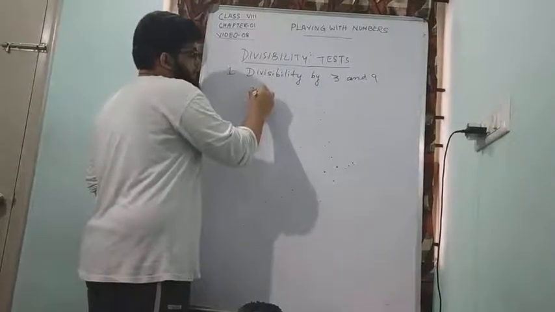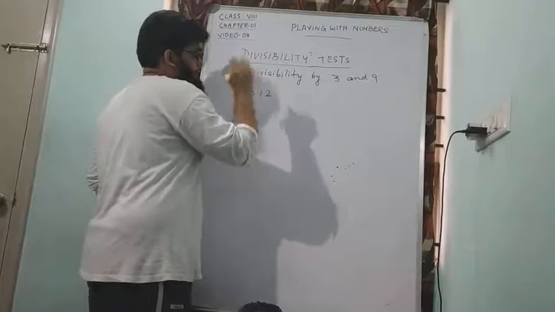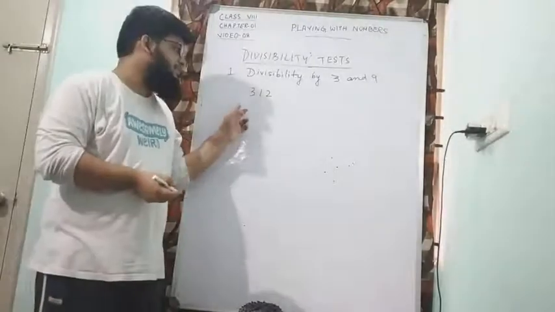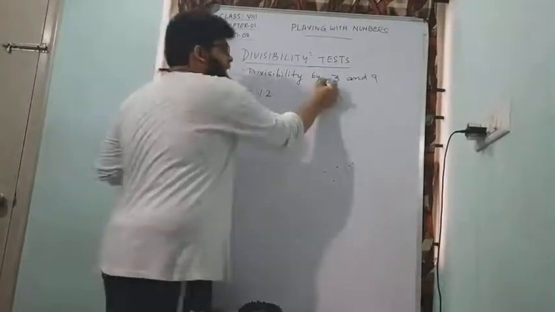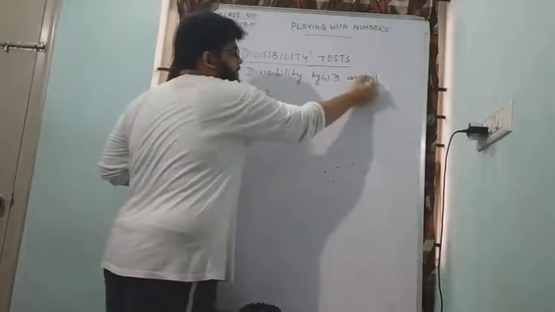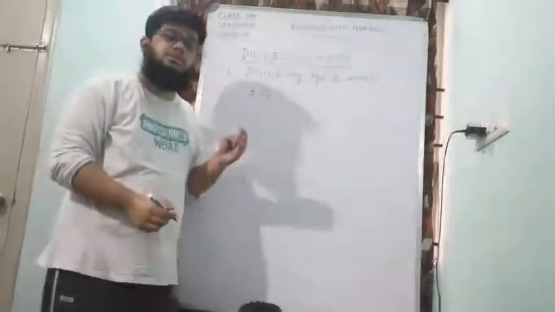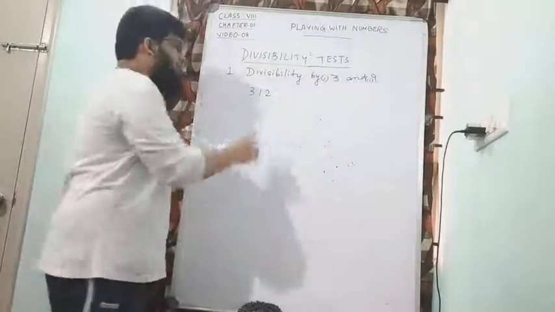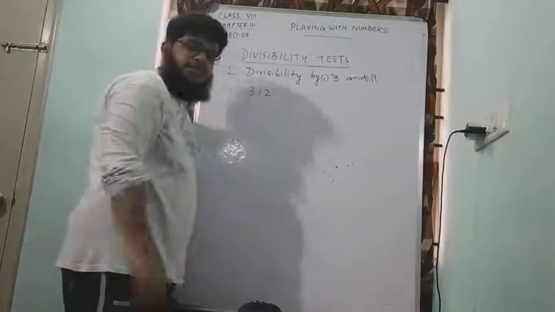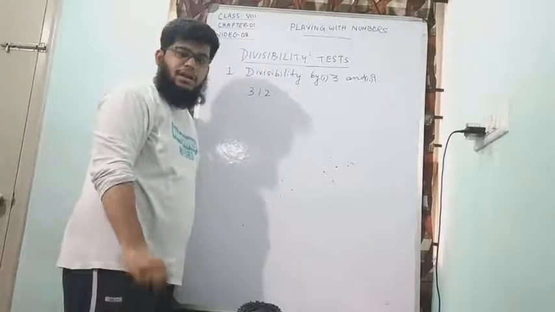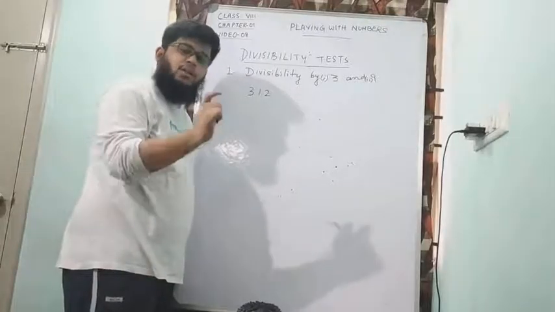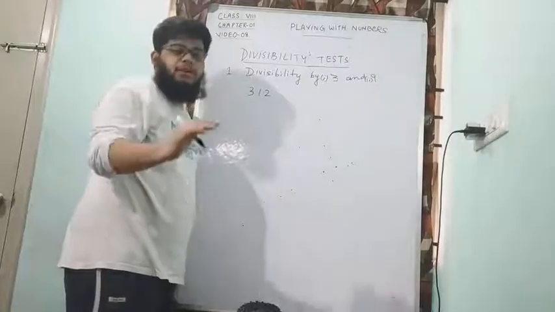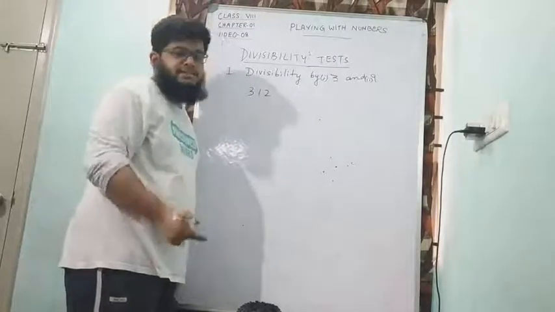Example, if I have a number 312, and I want to check whether this number is divisible by 3, I'll first take 3, then I will take 9. Please remember, the rules are different for different numbers. For 3 and 9, the rule is, you will always have to add all the numbers given in the question first. And after adding, if that answer is in the table of 3 or in the table of 9, that means it is divisible.